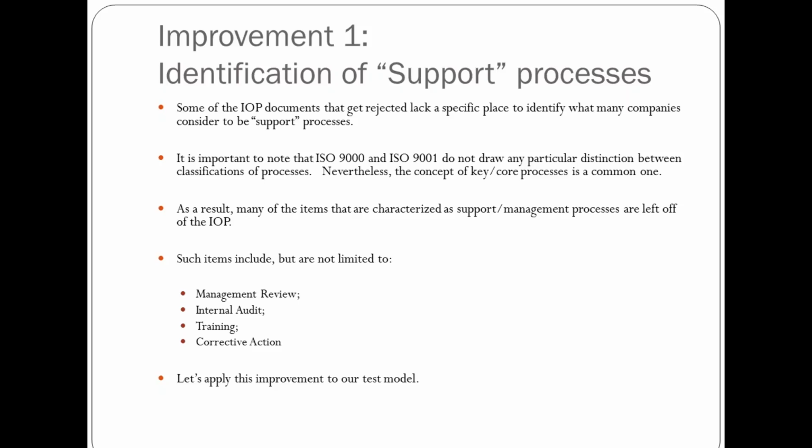As a result, for a lot of companies, the things that are considered management or support get left off. So what do we mean by management or support processes? We mean things like management review, internal audit, corrective action, training activities, reviewing of quality objectives, things of this nature. So let's put this on our test model.